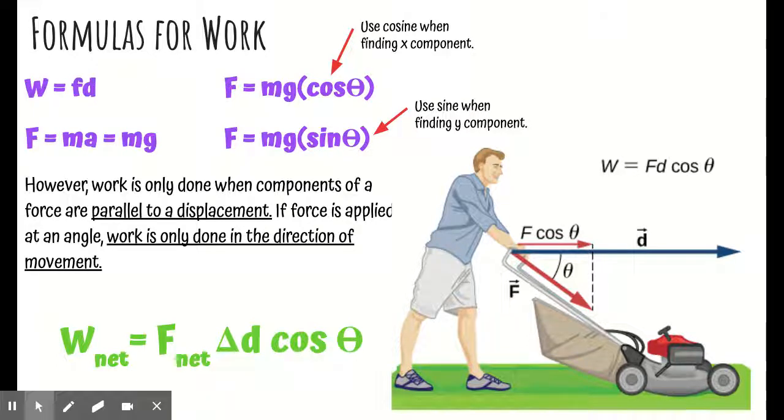Work is only being done in the direction of the movement. He's not pushing that lawnmower straight down into the ground. So work is not happening on the y-axis. Work is only happening on the x-axis. That's why I made those little notes at the top there. So you would want to use force is mass times gravity times cosine theta.